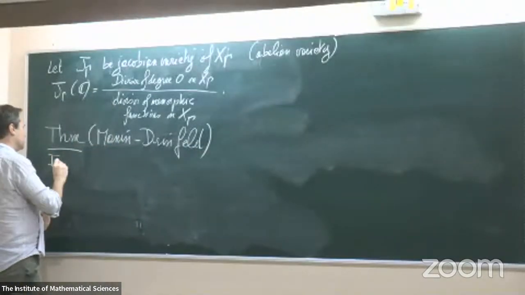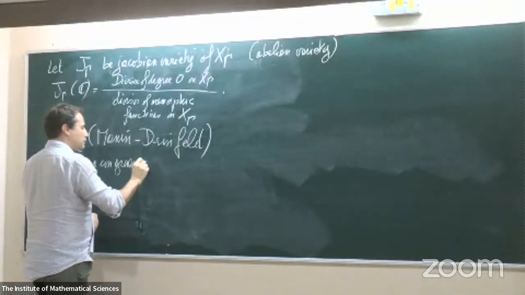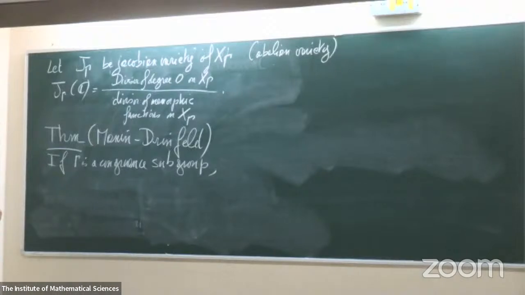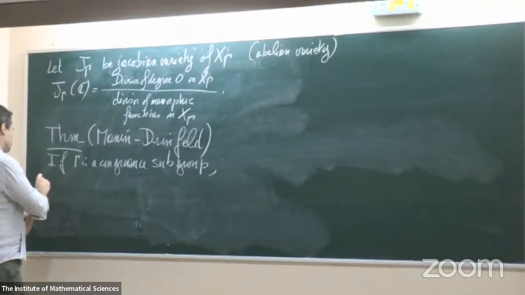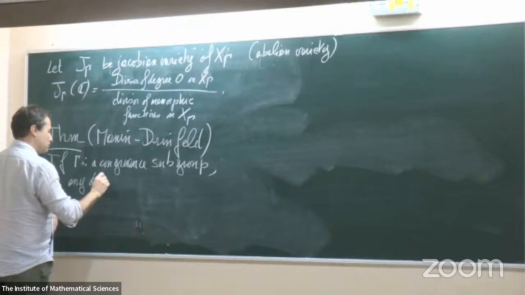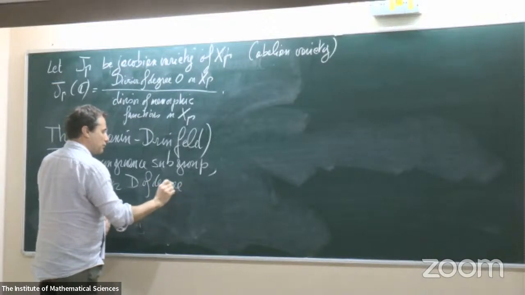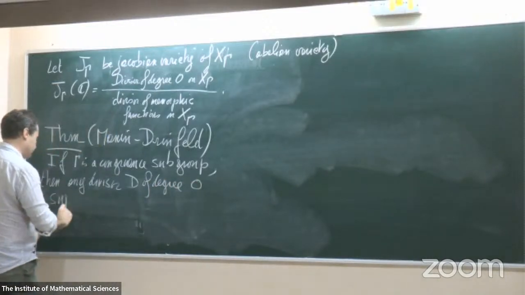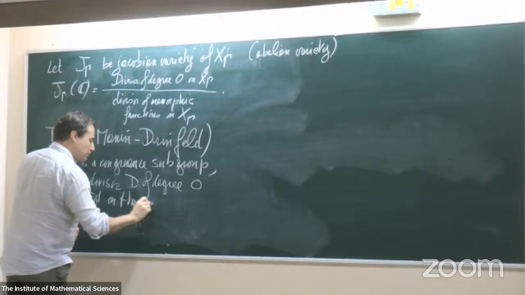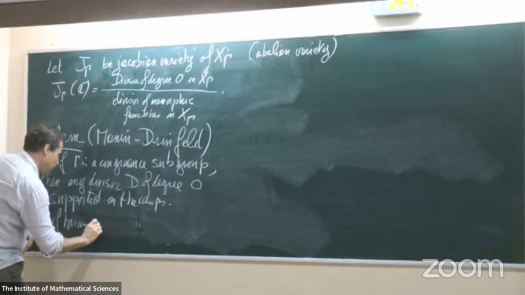If gamma is a congruence subgroup, then any divisor D of degree 0 supported on the cusps is torsion in the Jacobian.